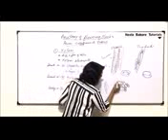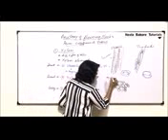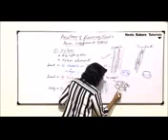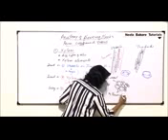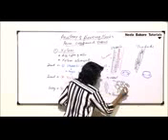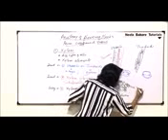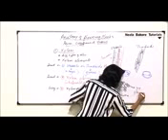So this is the xylem vessel. These are the xylem parenchyma cells, and these cells are xylem fibers.